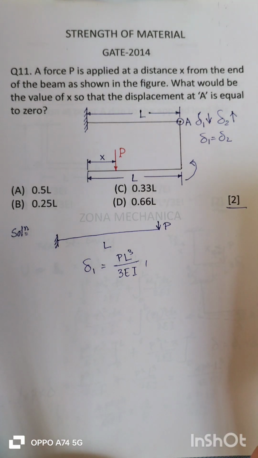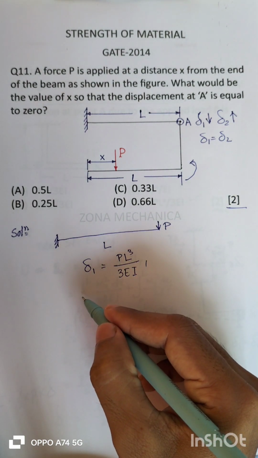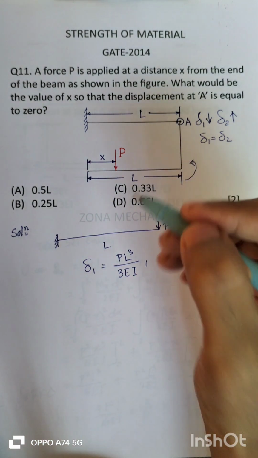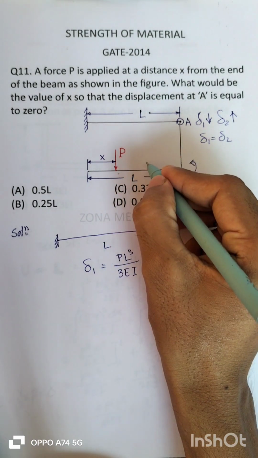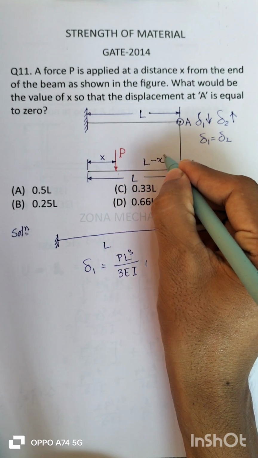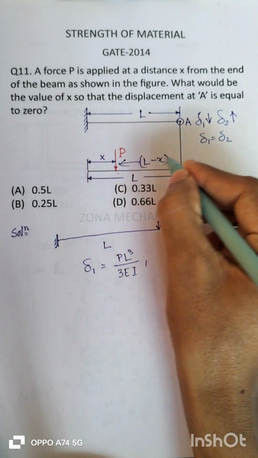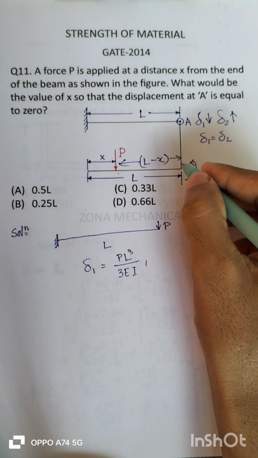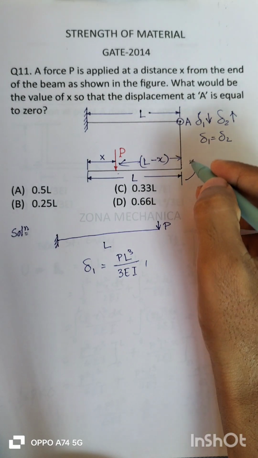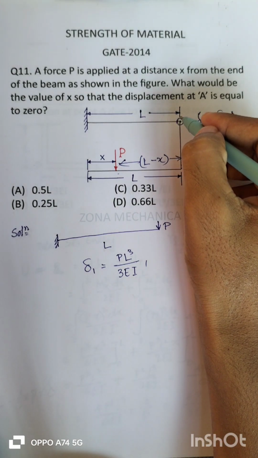And the second one, the moment. This P into this distance, this is L minus X, so P into L minus X is the anti-clockwise moment, and this moment will act over here.